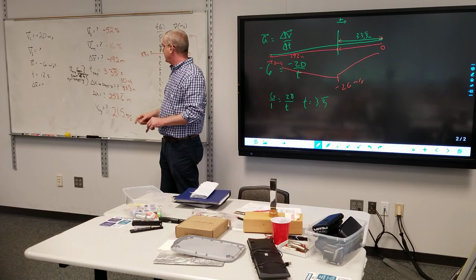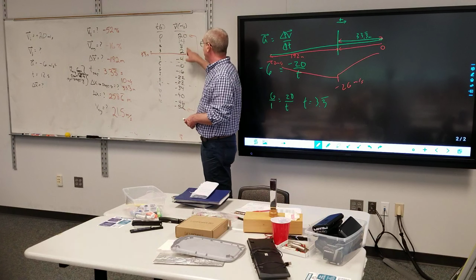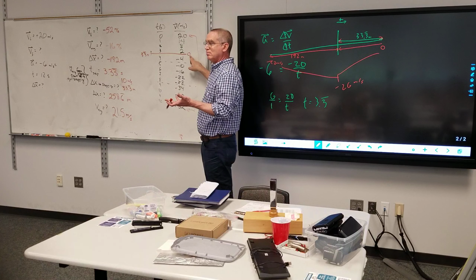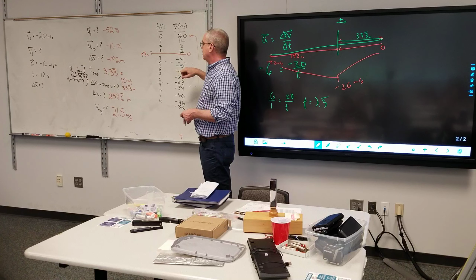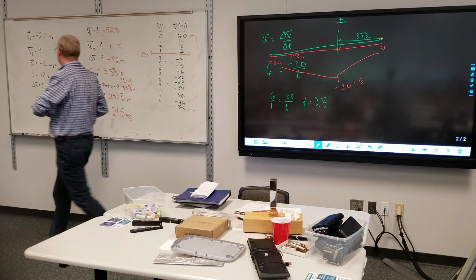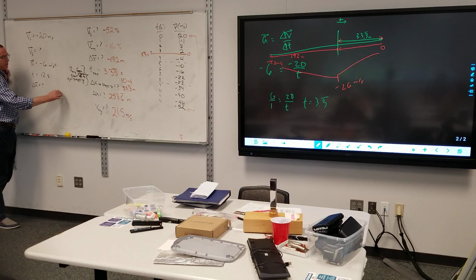Well, similar to what we did up here, I'm going from 20 to 0, so my average is 10. The time to stop requires a little bit more sophisticated math. Acceleration is the change in velocity over time.